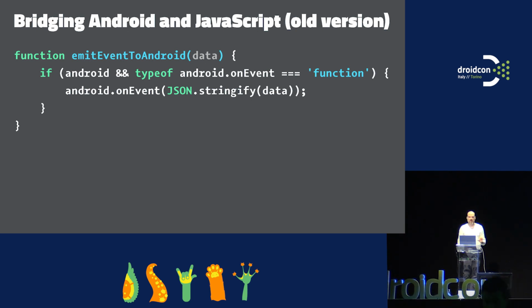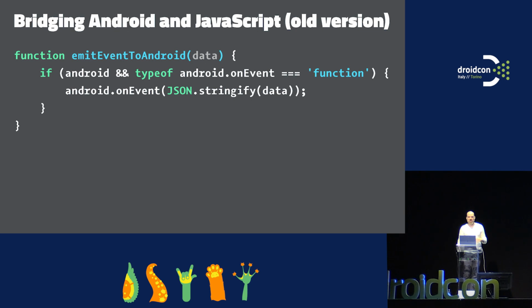If it doesn't exist, well, something is wrong. We also need to check that the onEvent function is actually a function. If both of these are true, we can invoke that function. We pass in a serialized string of the JSON, and it will be sent up to the Android side.